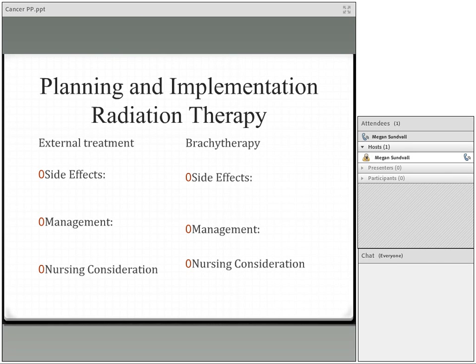Management, we need to observe over time. And then making sure that we're providing distance or shielding from the patient. Brachytherapy is basically radiation coming from the inside to the out, so you need to make sure you and other people have limited exposure to or being around that.